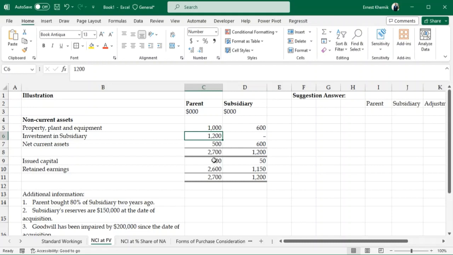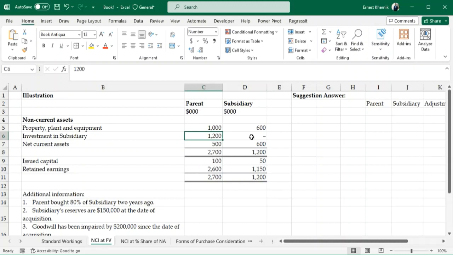We are going to replace this particular investment in the subsidiary which has been recorded at cost with the amount of net assets that the company has. So as you can see, this is 1,150. If I add the 50 to this 1,150, I'm getting the 1,200 which the parent has paid for the company.